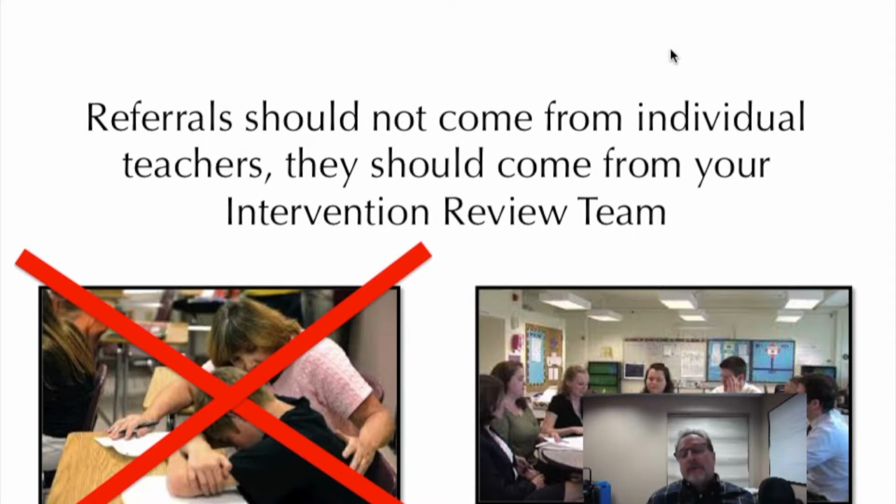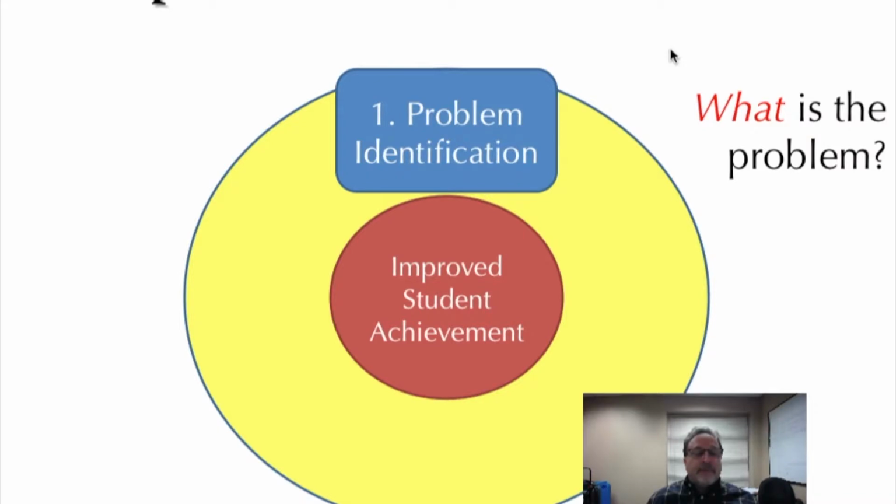There is a great deal of really strong evidence that there is a wide range of variability in referrals that do come from teachers. And there's just opportunities, without the intention of anybody, but a lot of opportunities for variation in the needs of the students that do get referred, and sometimes our biases creep in, etc. So it's best to use a data-based approach for moving kids on in the process.